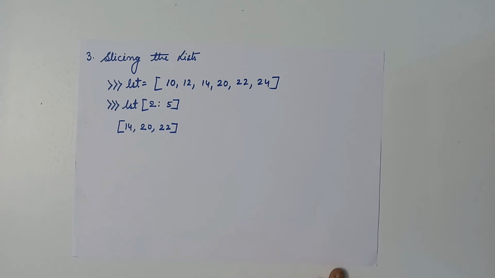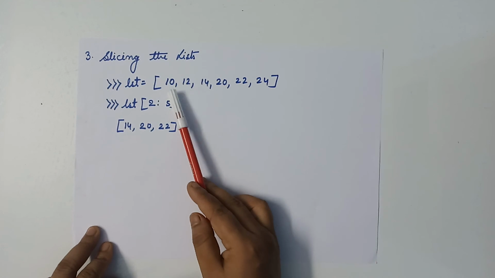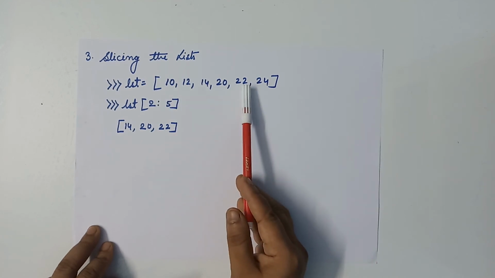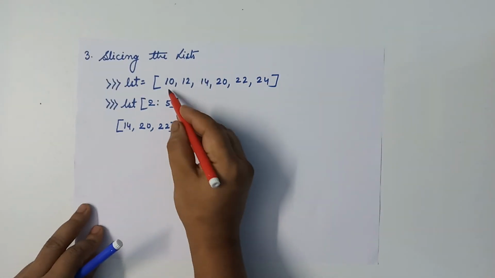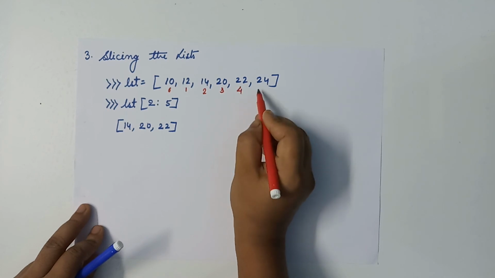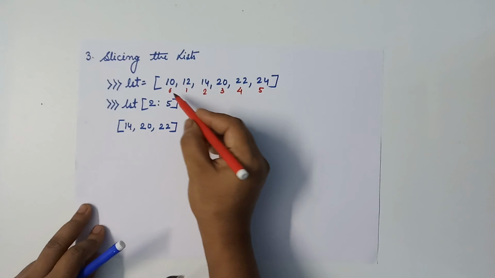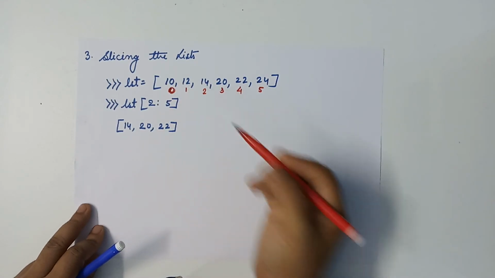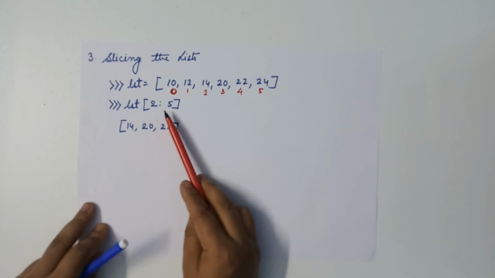Slicing the list is again quite similar to what we have done in string. Just see it over here. Here we have declared a list lst with elements 10, 12, 14, 20, 22, 24. If we talk about indexing, the indexes will be 0, 1, 2, 3, 4, 5. Here I have written lst[2:5].